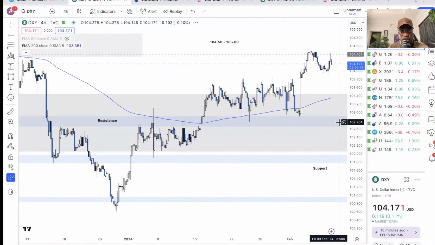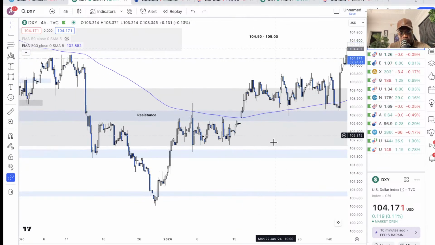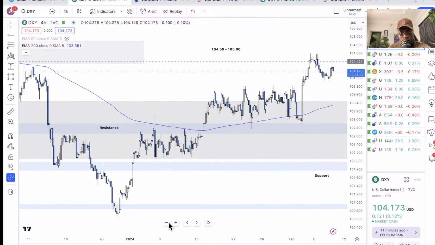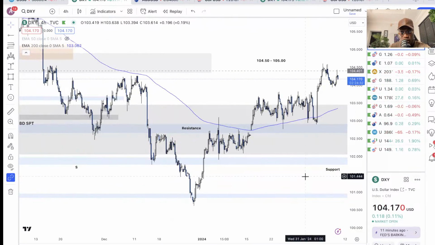And you can see that markets are potentially boosting the value of the dollar in anticipation of the annual US CPI revisions on Friday. And the dollar has been holding its ground above the 200 period moving average, as you can see. Just let's expand this a bit so you guys can have a clearer view.